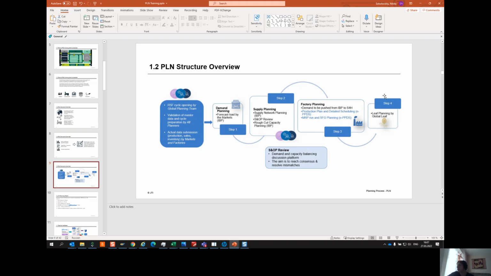And the last step, last but not least, is leaf planning, managed by the global leaf team. Of course, this step is also related to the planning process, but unfortunately, it is not supported by the GSD team in scope of the PLN process.